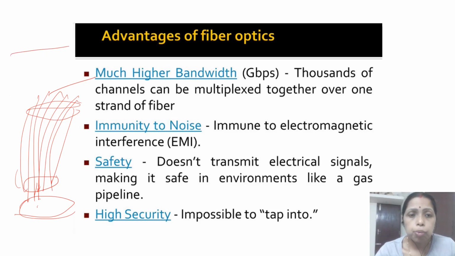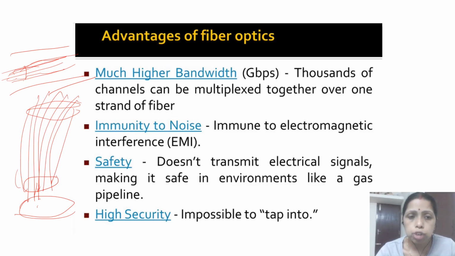Normally in copper wire, suppose two signals are multiplexed in a copper wire. The information transferring through one wire can interfere with the nearby copper wire, so there is high electromagnetic interference. But in the case of optical fiber, the light cannot be reflected outside.